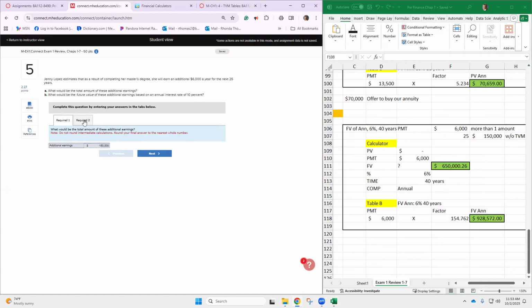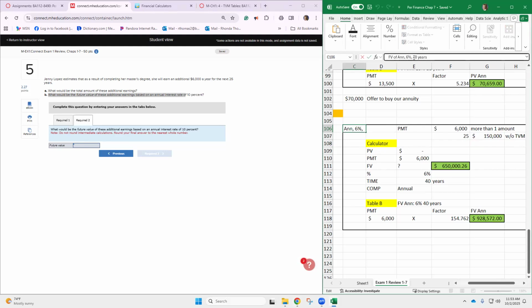Okay, and then the next one is the future value. And that's where they give you your rate. I couldn't find my rate up here; I had to go down here and look. Okay, so now I'm going to put this into the calculator and talk my way through this. So we're looking at 10%, 25 years before she plans to retire, I guess. Maybe she got her master's degree a little later in life or whatever. That's okay.